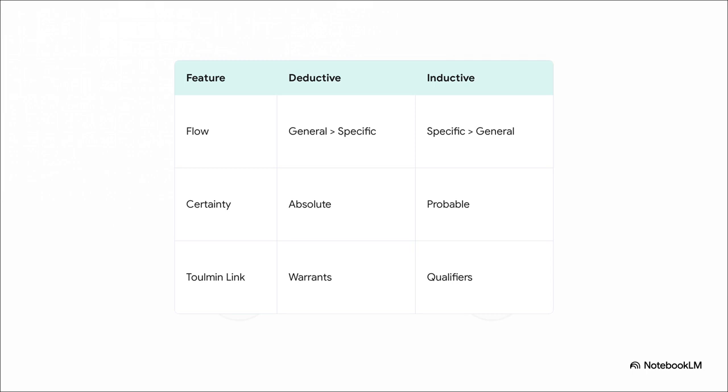Basically, if the premises are true, the conclusion absolutely must be true. Inductive reasoning, on the other hand, flows from specific observations to general probable claims. And this is exactly where the Toulmin model really shines. It's perfectly designed for mapping inductive, real-world arguments where absolute certainty is pretty rare, which is exactly why elements like qualifiers and rebuttals are so absolutely essential.